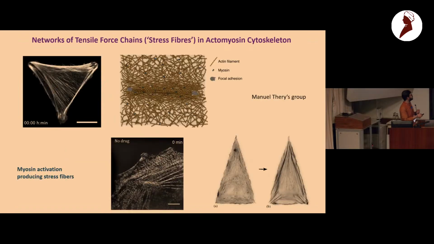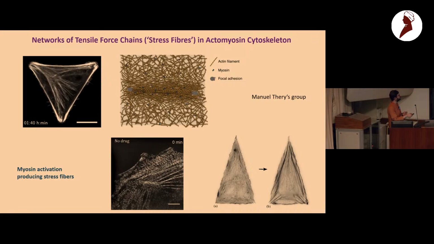These are other experiments. People have plated a cell on a tripod-shaped substrate, and here also, as you turn on the myosin activity, they start producing these lines. It's very dynamic, and stress is concentrated on these sharp fiber-like structures.